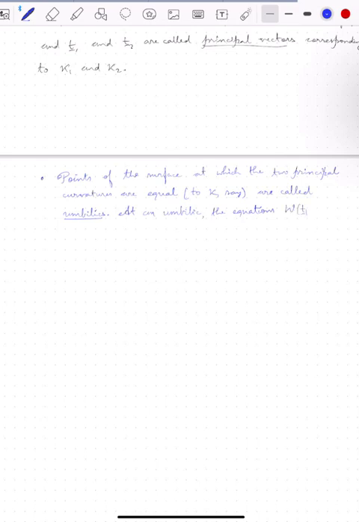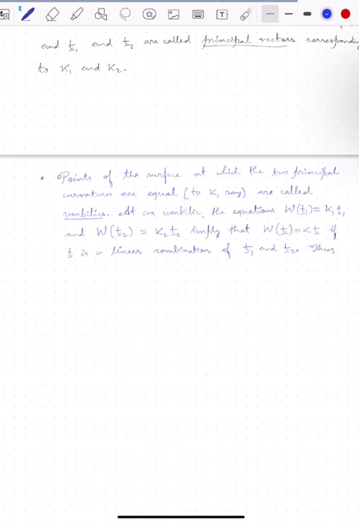the equations W T1 vector is equal to kappa 1 T1 vector, and W T2 vector is equal to kappa 2 T2 vector, imply that the Weingarten map acting on any T vector is equal to kappa T vector, if T vector is a linear combination of T1 vector and T2 vector. Right?